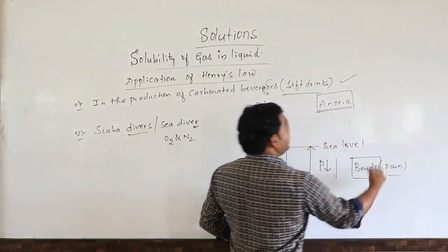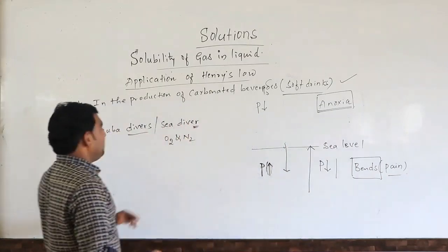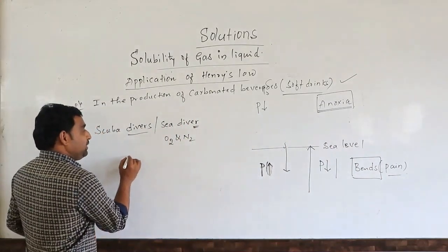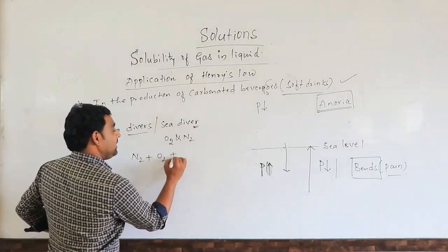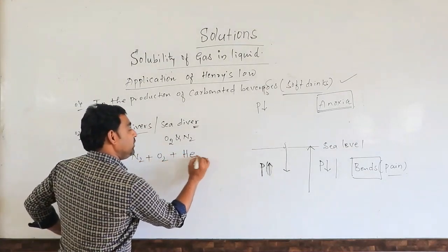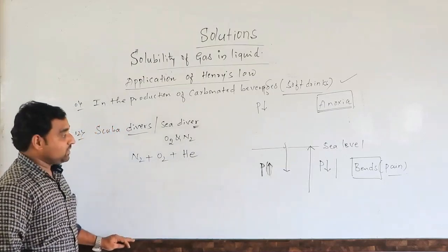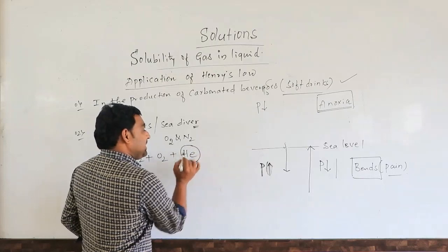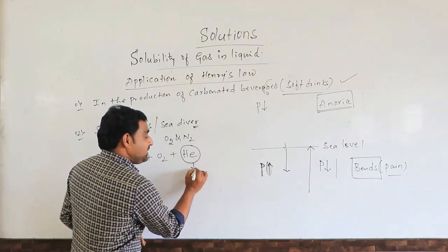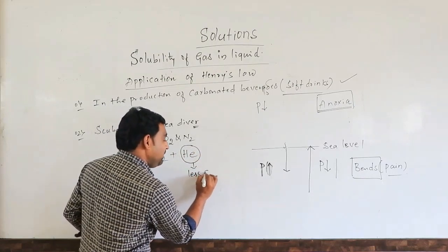These are the applications. The scuba diver tank contains a mixture of nitrogen and oxygen, and it is also diluted with helium gas. Why is the tank diluted with helium gas? Because helium has less solubility.